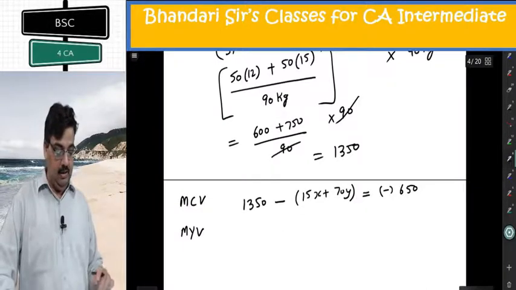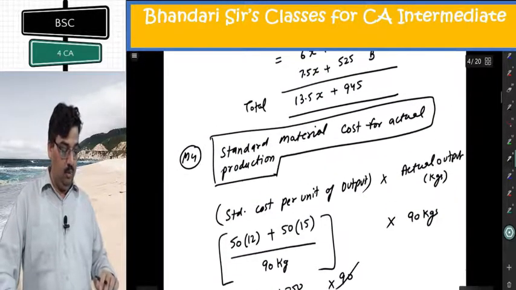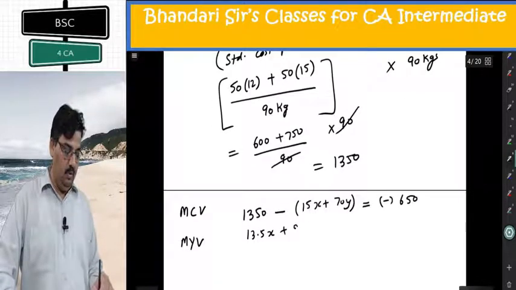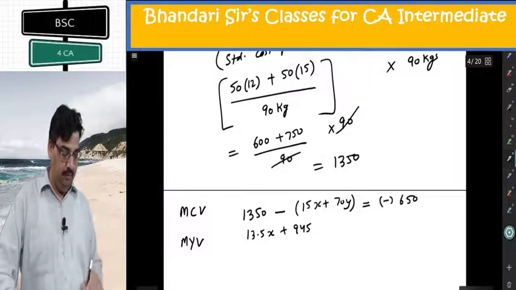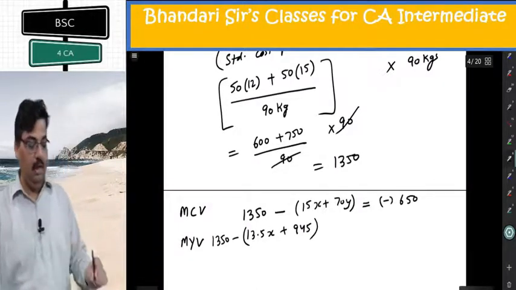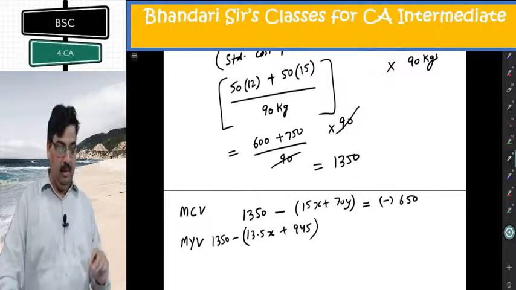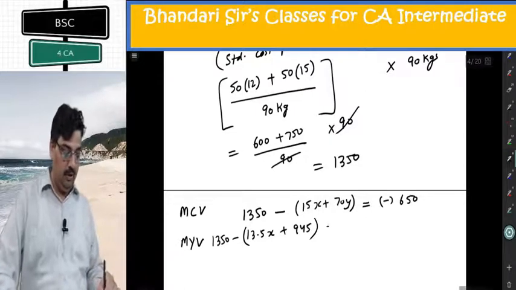Material yield variance, M4 minus M3: 1350 minus 13.5x plus 945.